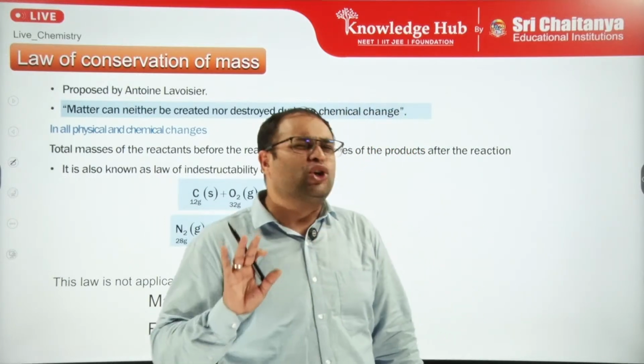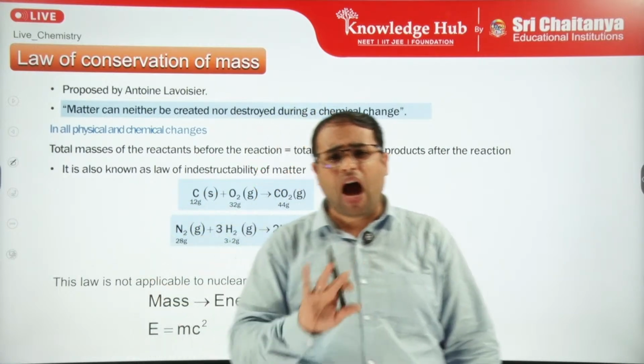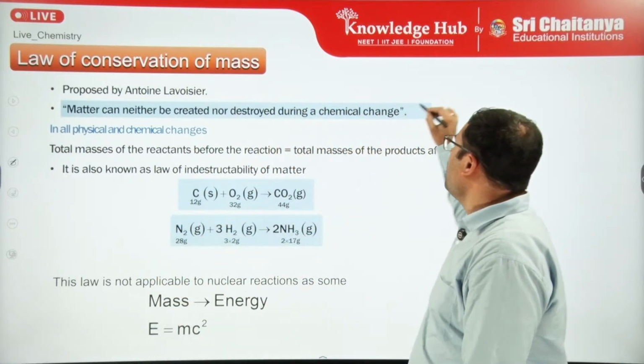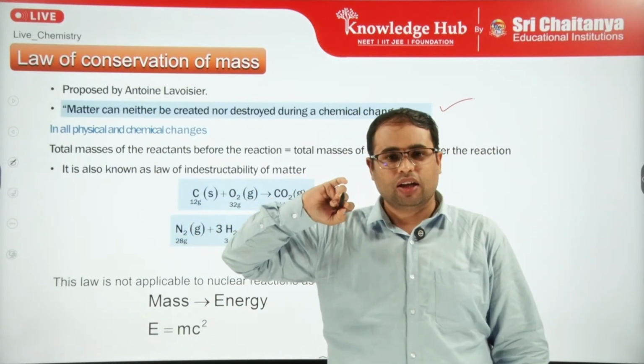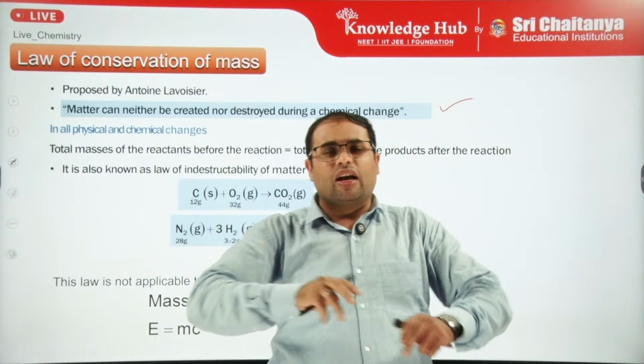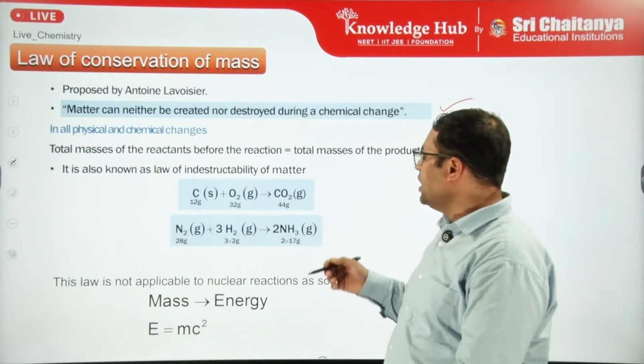I am really sure that you have come across this law. This law says that mass can neither be created nor destroyed during a chemical change. If you do some chemical reaction, mass on this side will be equal to mass on the other side.